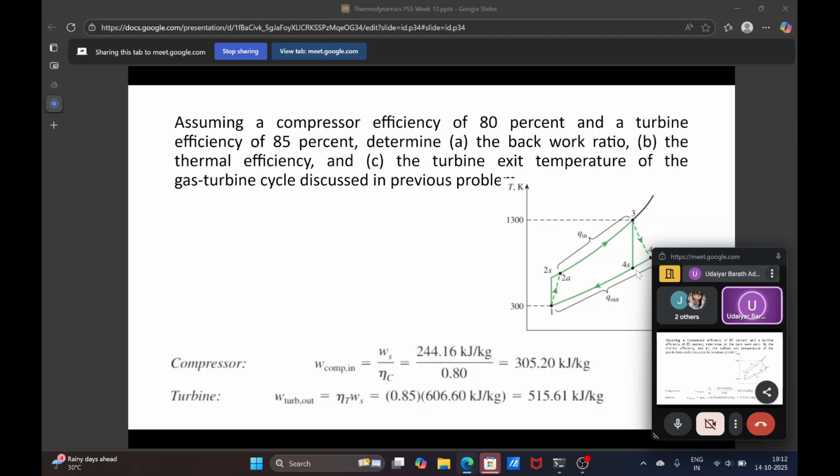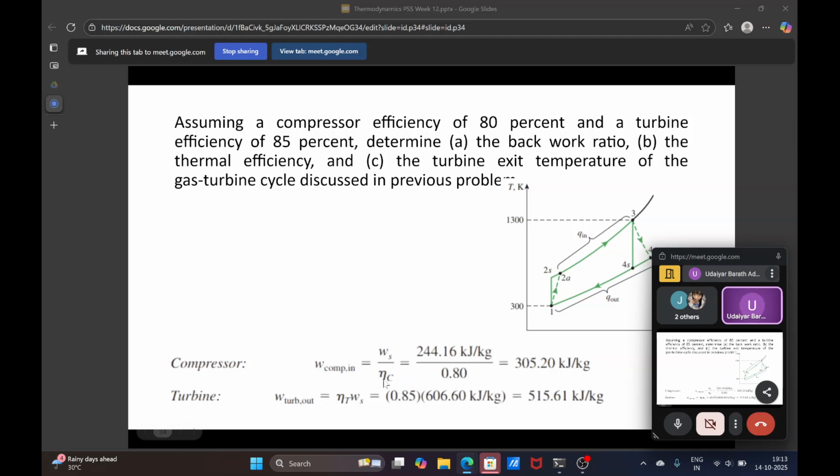And similarly for 3 to 4S, the same process, a reversible adiabatic expansion process. The same way we can find out 4S, and then we can find the enthalpies or the work done. So here the compressor work is W1 2S minus W1, the isentropic work, divided by the compressor efficiency.